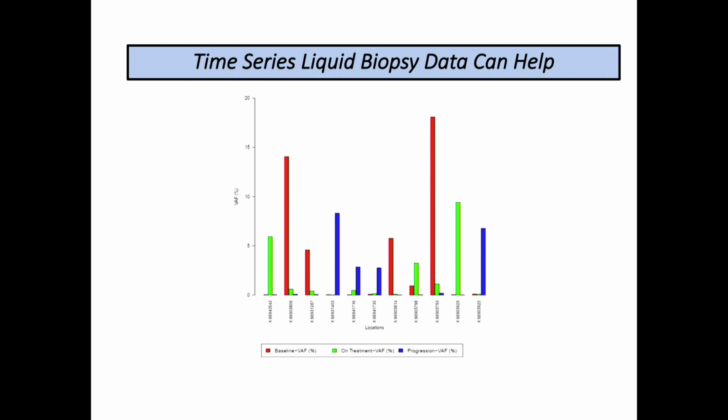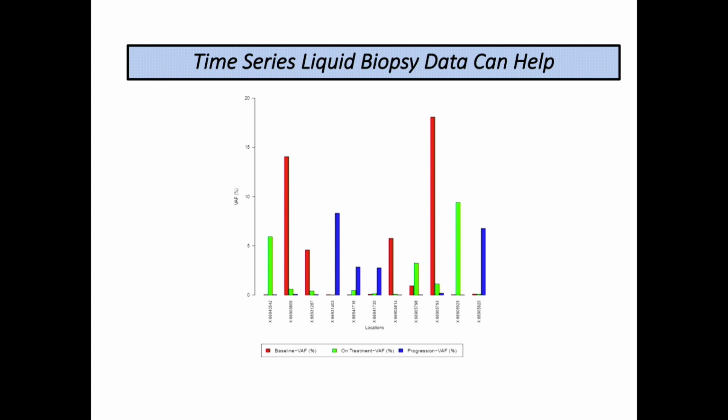So this is one particular patient, and each position on the horizontal axis denotes a particular position in the androgen receptor gene. So it's a mutational position identified through bulk sequencing data, and we wanted to check how, in time, the mutational prevalence would change in liquid biopsies.